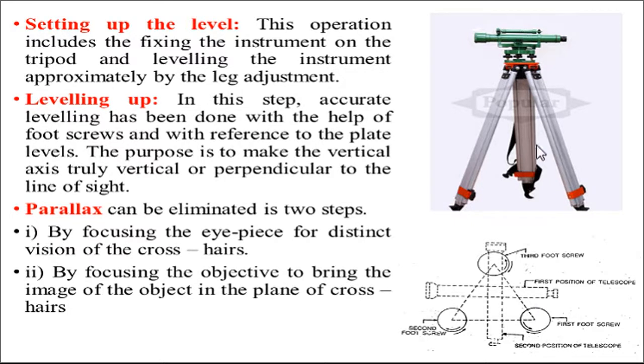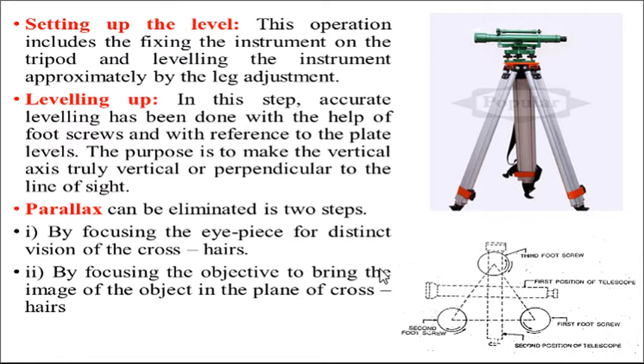Then we keep the telescope perpendicular to these two, and we turn only the third foot screw till the bubble comes to the center. Then we rotate the telescope through 180 degrees and check whether the bubble remains in the center. If it does, the line of sight is exactly perpendicular to the vertical axis. So the instrument can be leveled perfectly with the help of the foot screws.